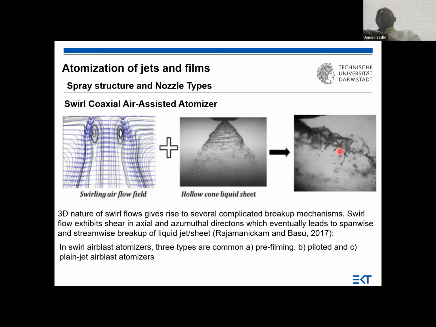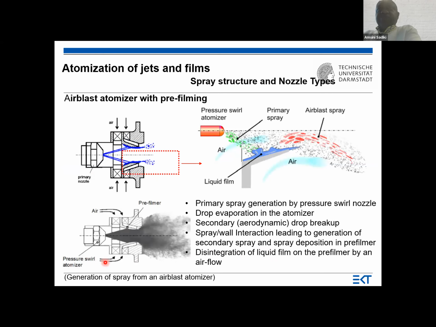We can say it is a catastrophic breakup, but this swirl coaxial assisted atomizer produces this kind of breakup, which features three types of phenomena. We have a prefilming, we have a pilot, and we have also the plain-jet air-blast atomizer effect.